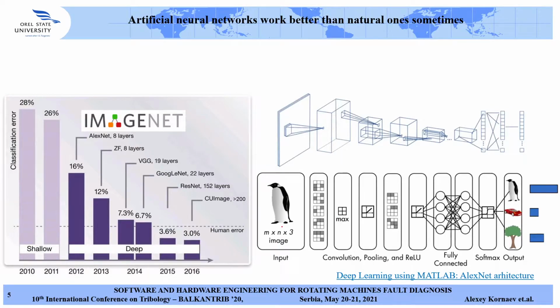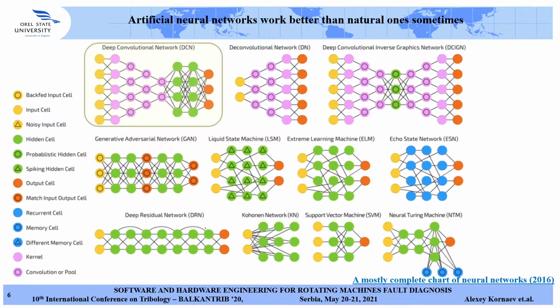It is a well-known fact that artificial neural networks can solve recognition problems even better than humans do. There are a lot of architectures of deep and shallow networks, and I can say that this is a kind of puzzle.